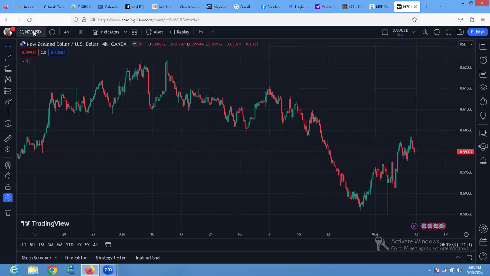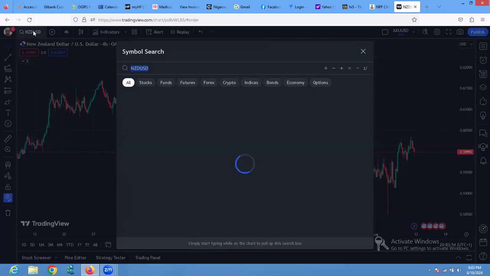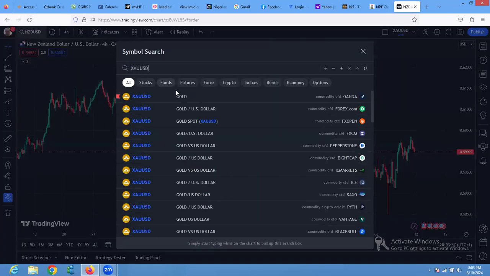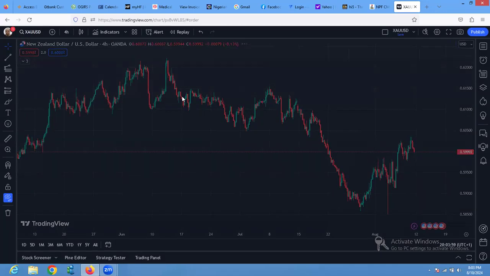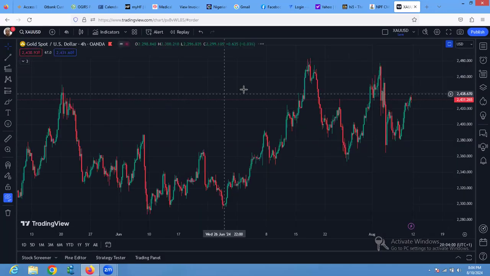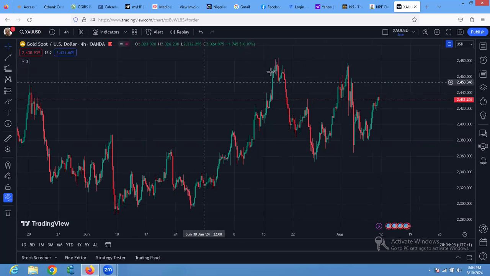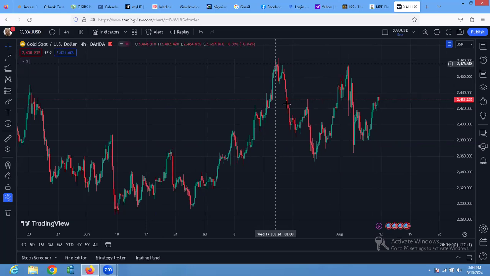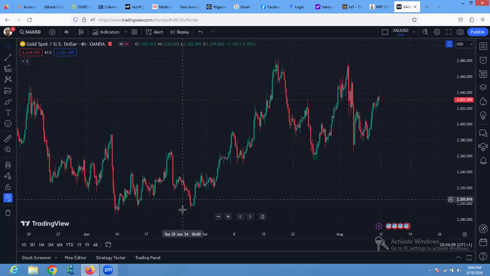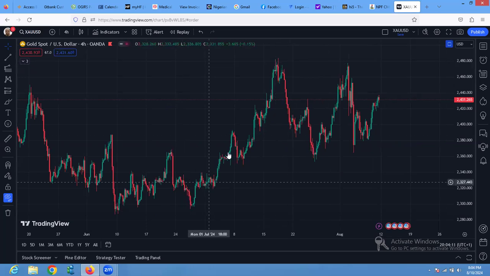Now on gold, that's where I'm going to end. On gold, for now, these came down like an ABC to correct this entire run of 5 waves to the upside.